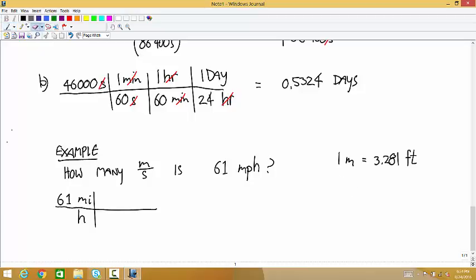I think my original plan was, oh yeah, that's a different problem. Okay, so let's go 1 mile is equal to 1,609.344 meters. And then 1 hour is 3,600 seconds.